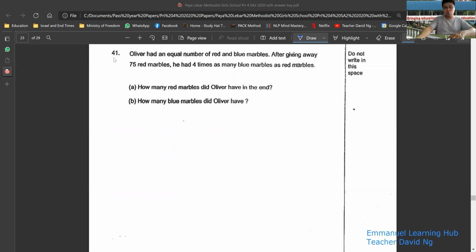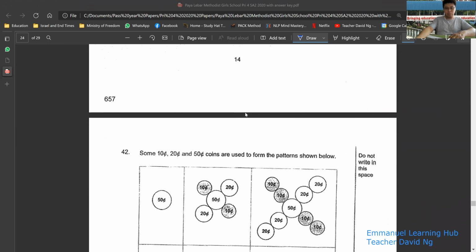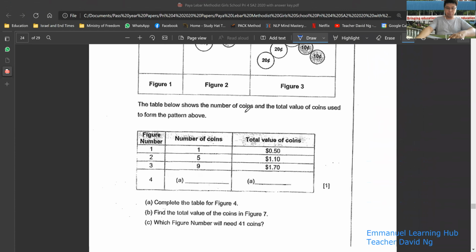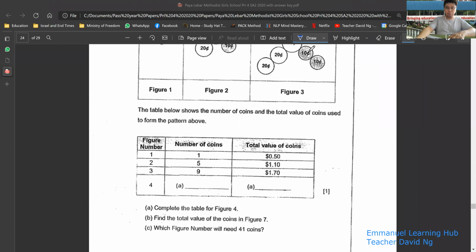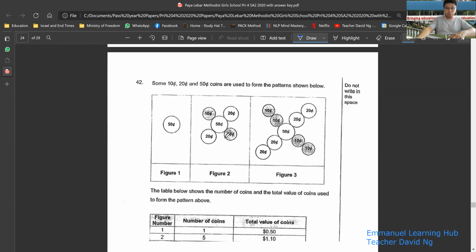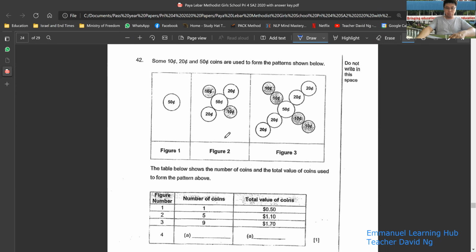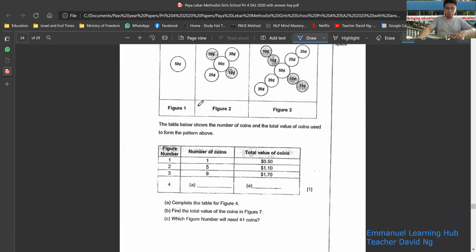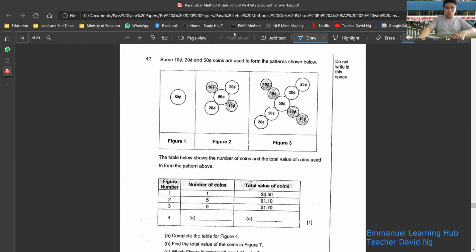Okay, let's move on to 42. Okay, 42, it says that some 10-cent, 20-cent, 50-cent coins are used to form the patterns below.